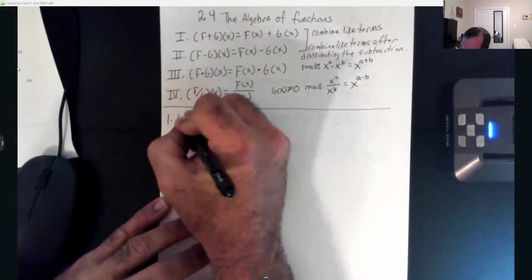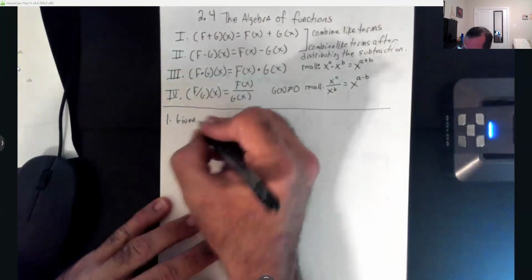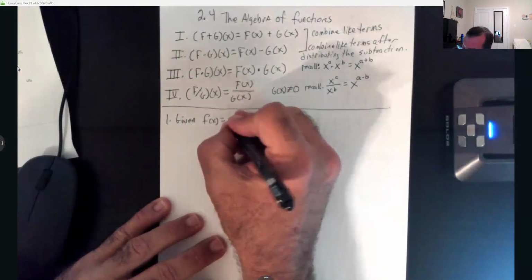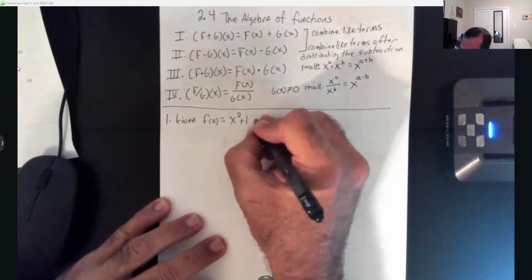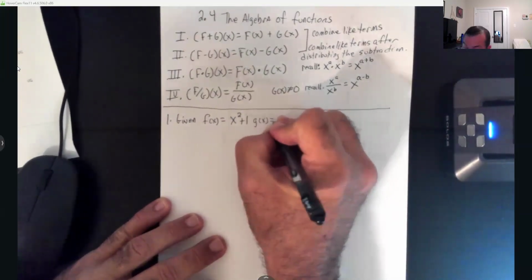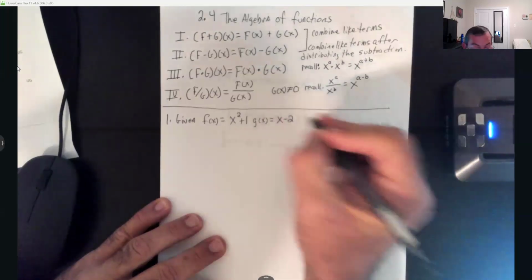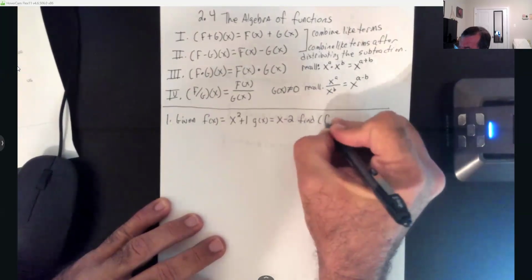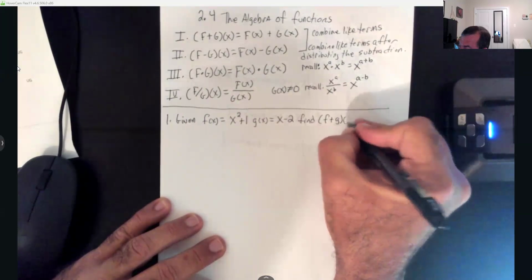All right, y'all. So you got 4 operations we're going to be playing with. So number 1, given f of x equals x squared plus 1, g of x equals x minus 2. They want me to find f plus g of x.